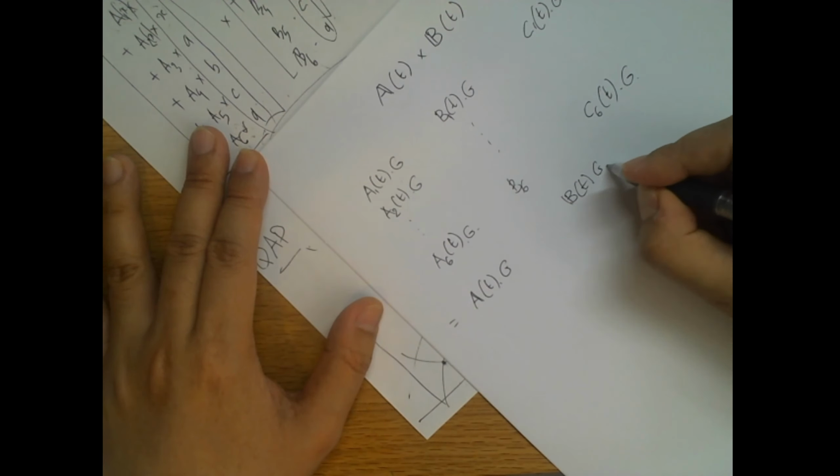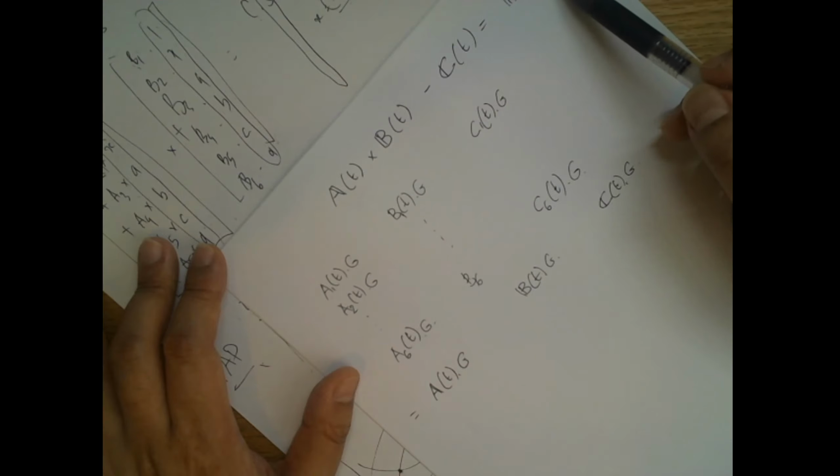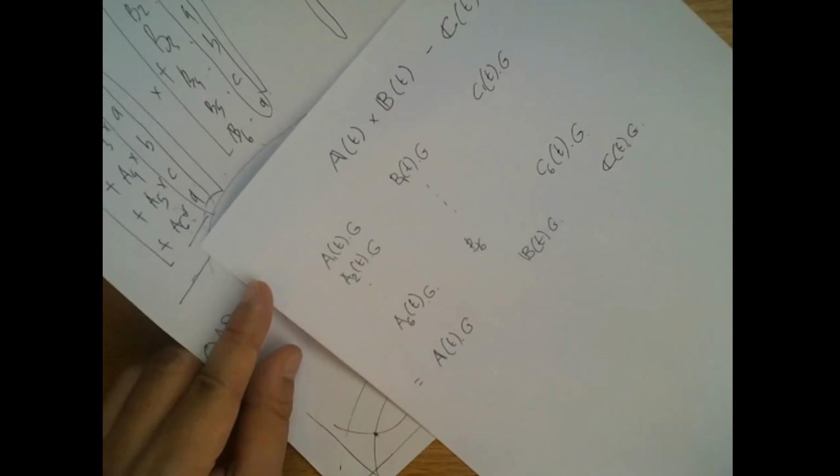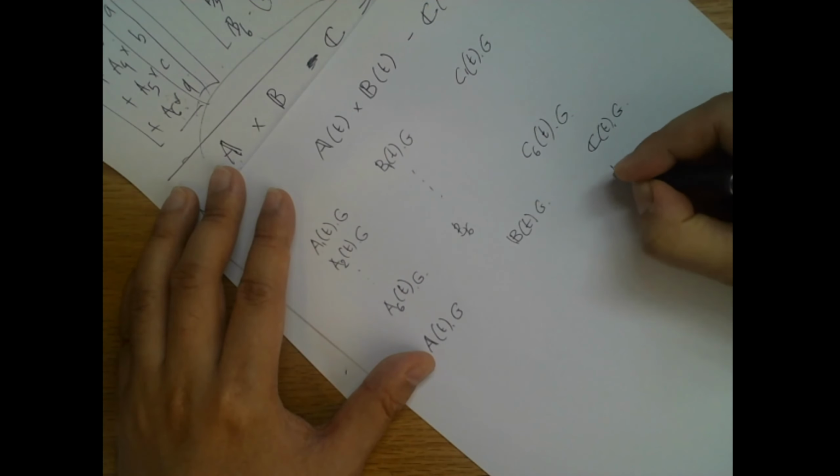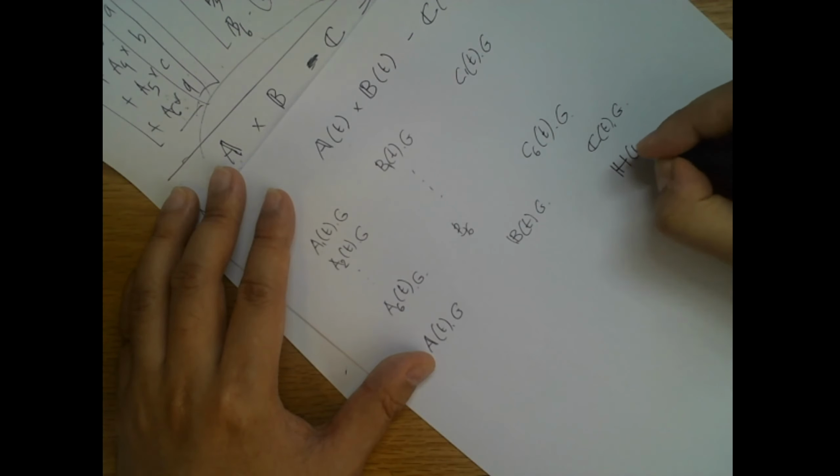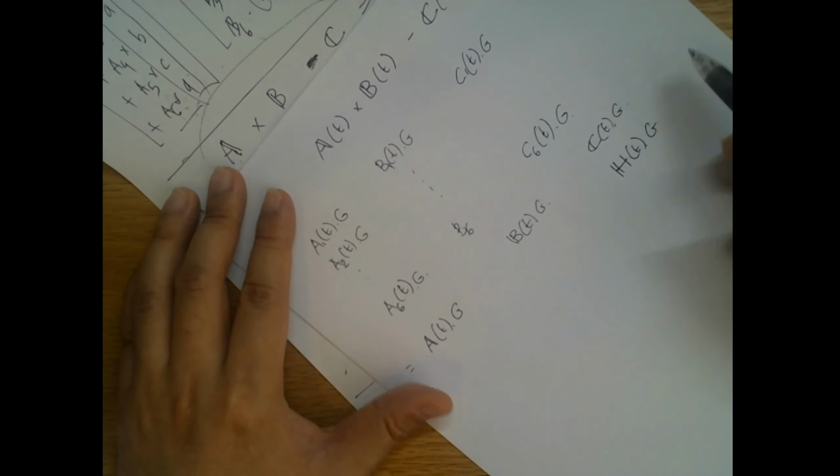For H it is a bit harder, because H is not a linear combination of these guys. Right? H is the residue after you divide by Z, so H has a lot of different options. It can be pretty much anything, but we know that H is a polynomial. And again, we want to calculate H at tG, like the other guys.